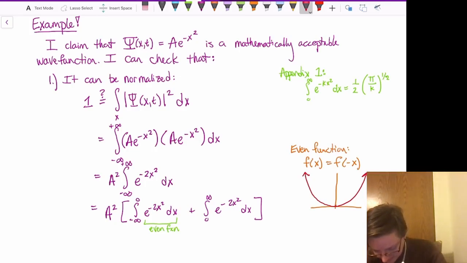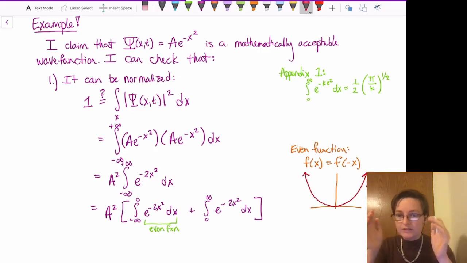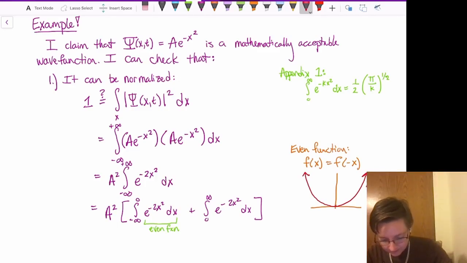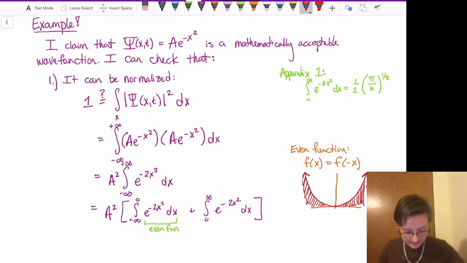So here is the function x squared, and you'll notice that it's symmetric about this x equals 0 axis. And the really nice thing about thinking about integrals for these functions is that if you know what the integral is for an even function between negative infinity and 0, it's the same as whatever the integral is between 0 and infinity, because the area under the curve is the same.